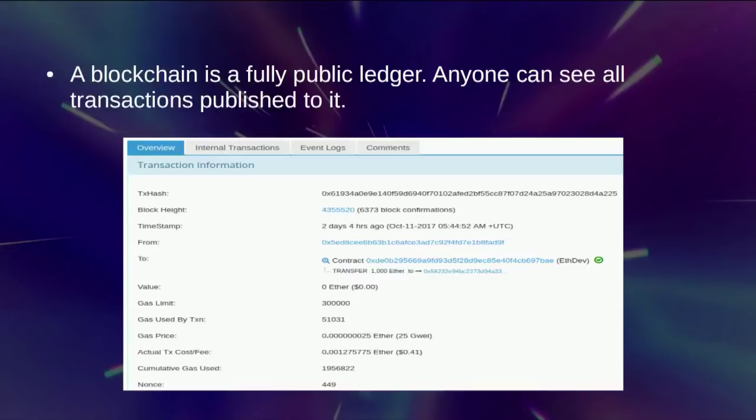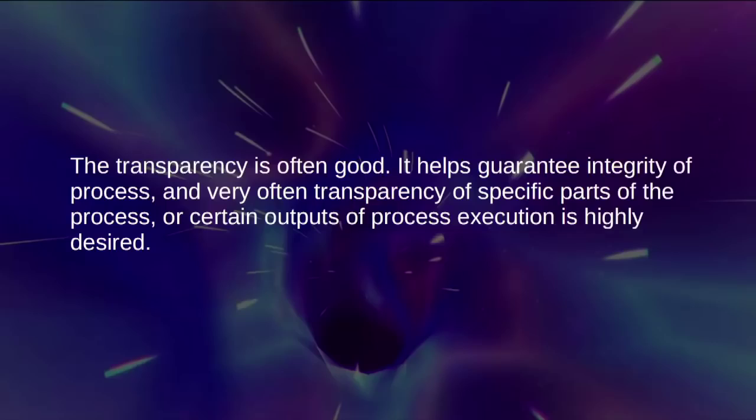This is basically transferring 1,000 Ether from a cold wallet to a hot wallet. So anyone can see every single transaction that happens. People can look up what the effects of the transaction were on Etherscan, when it happened, where money was moved, from what address to what address it was moved.